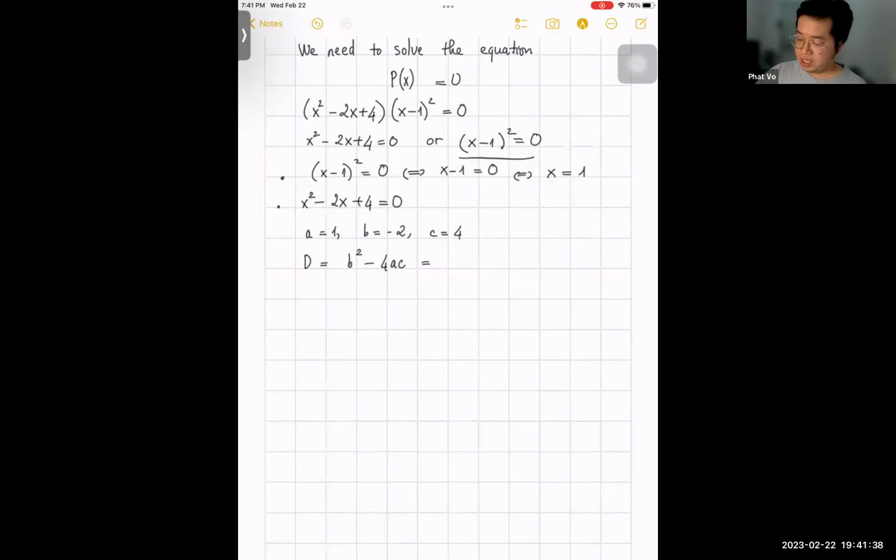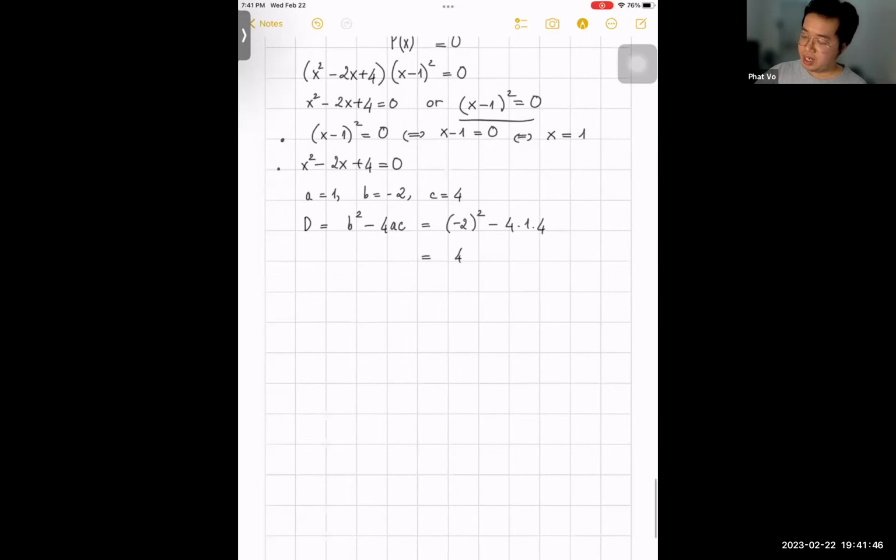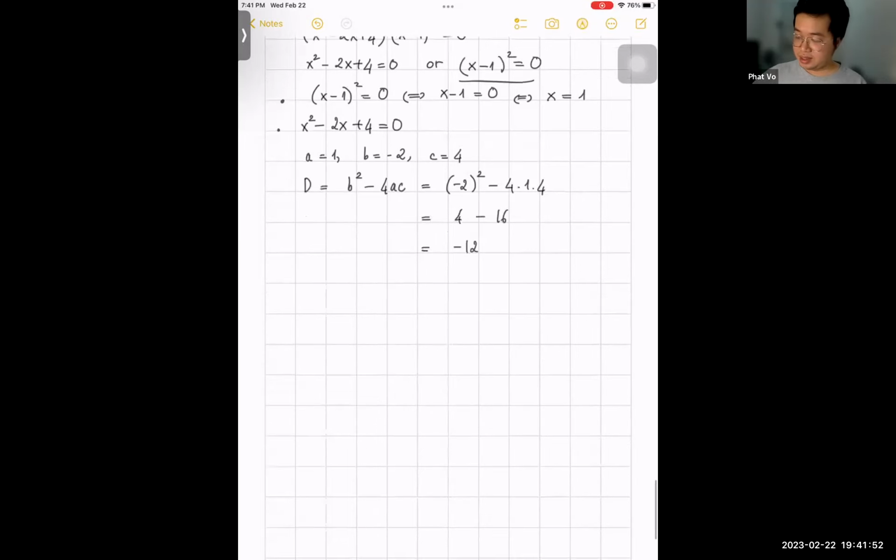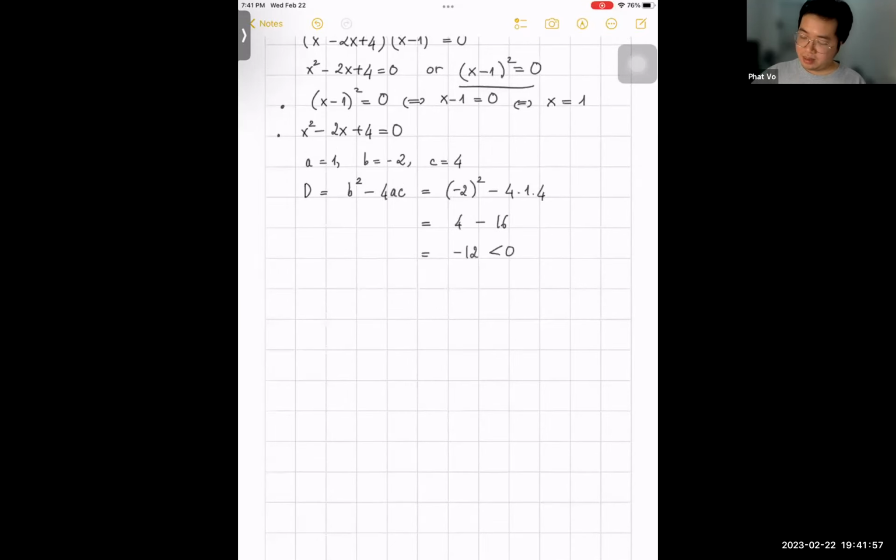So now you need to calculate: (-2)^2 minus 4 times 1 times 4. So it becomes 4 minus 16, so you get -12. So it's less than 0. After that, you have two complex solutions.